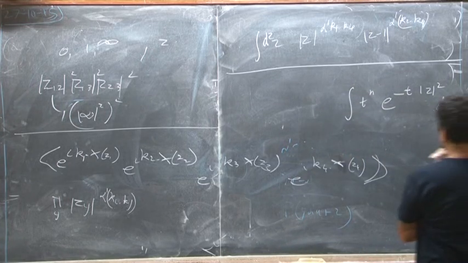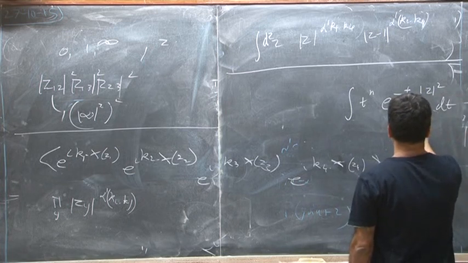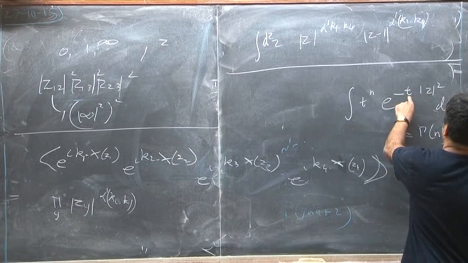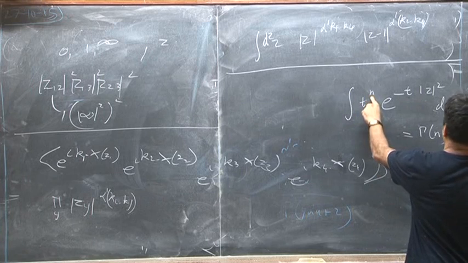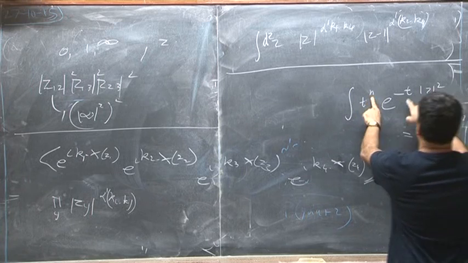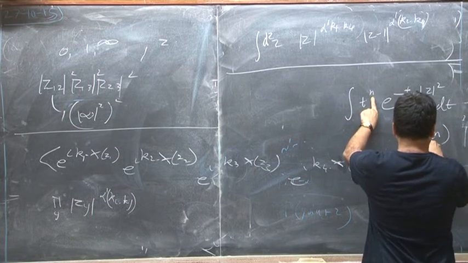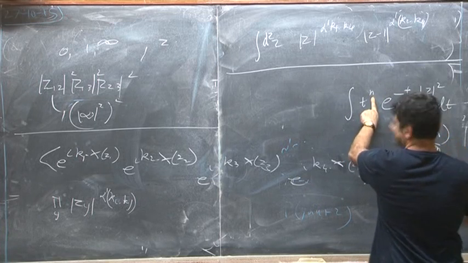This object here is equal to gamma of n times, by homogeneity, |z| to the power minus 2n.